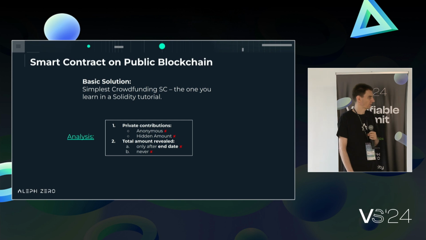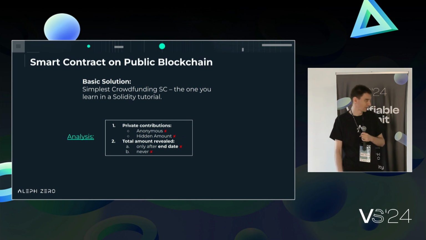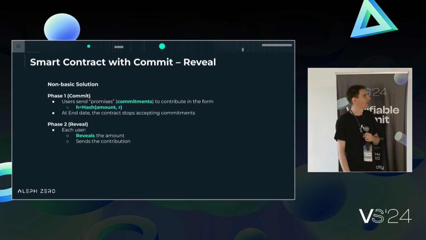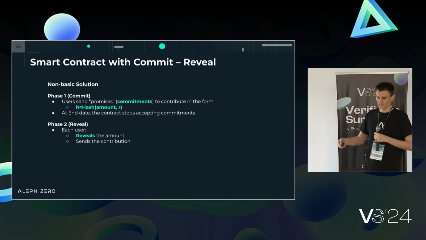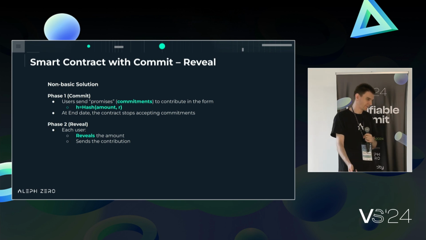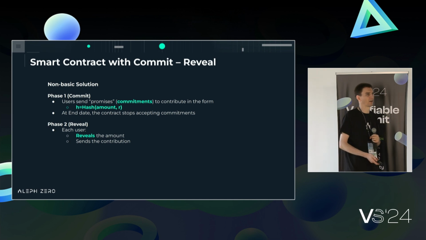So one could say, okay, there is this smart trick that you can do even on public blockchains: using a commit-reveal phase. So instead of just sending your contribution, your amount, to the contract, you could first send a kind of promise that I will contribute, but I will not tell you how much.